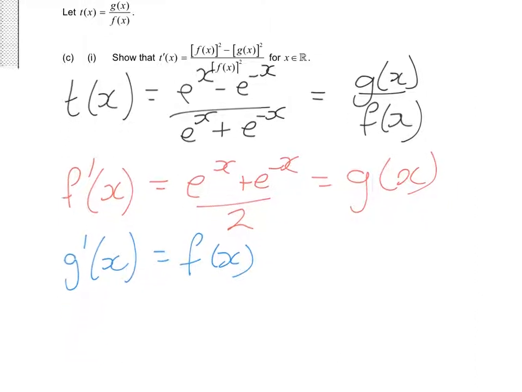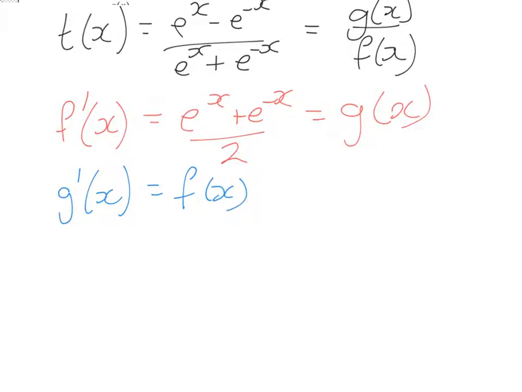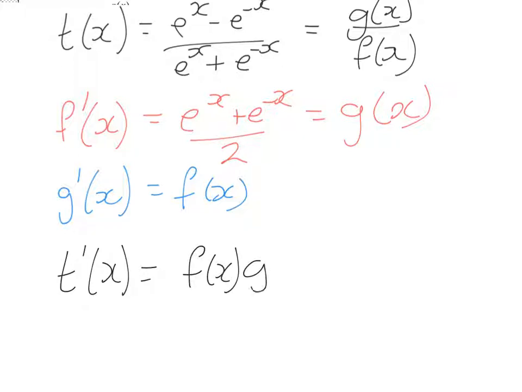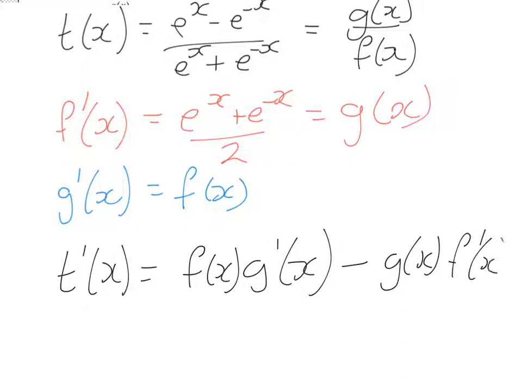So, if I want to differentiate t as g over f of x, t dashed of x becomes v du by dx, that's f of x, g dashed of x, minus g of x, f dashed of x, all over f squared of x.